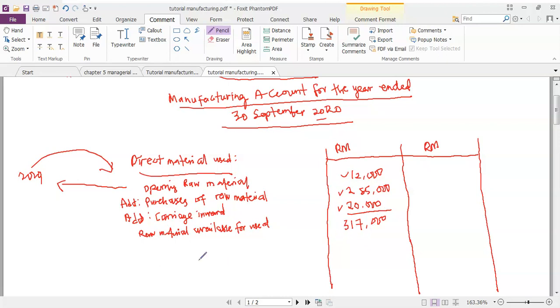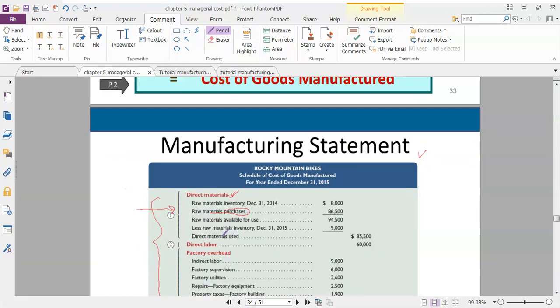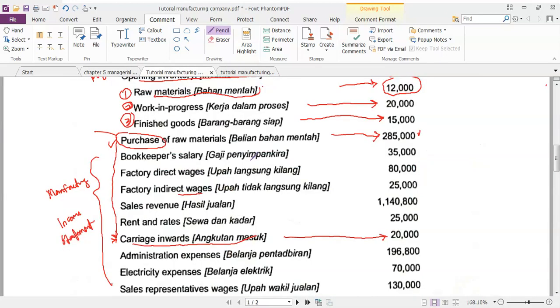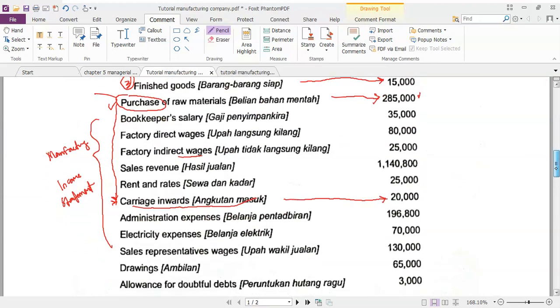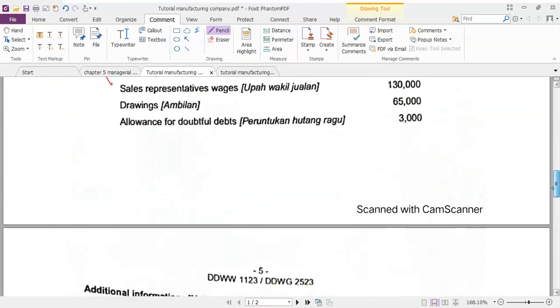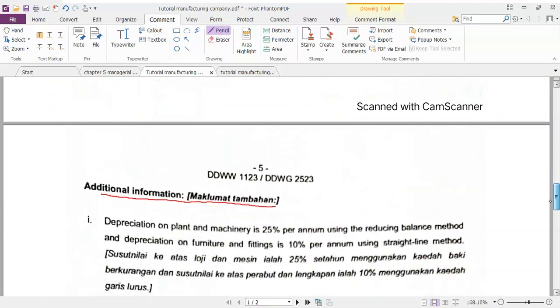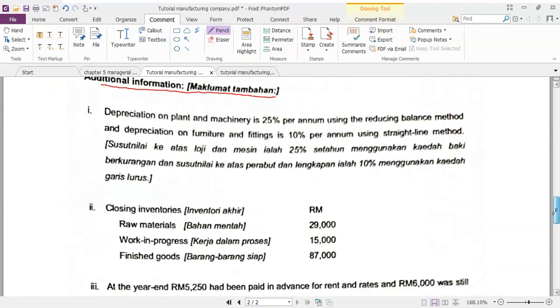Okay. After that, if you look at the format, we should less with the raw material inventory for December. For example, this is the closing amount of raw material. Where can we get the amount?